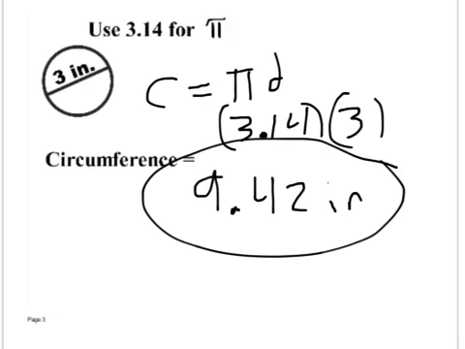So the circumference, the distance around this circle, is 9.42 inches. So if you want to find the length around a tire, the tread of the tire, how long is it? You take pi times the diameter, and there you go.